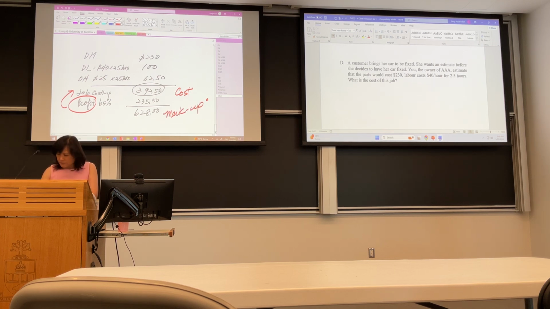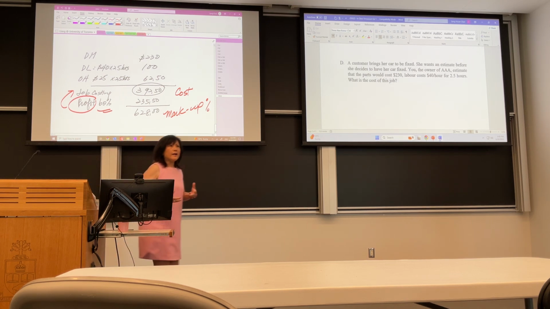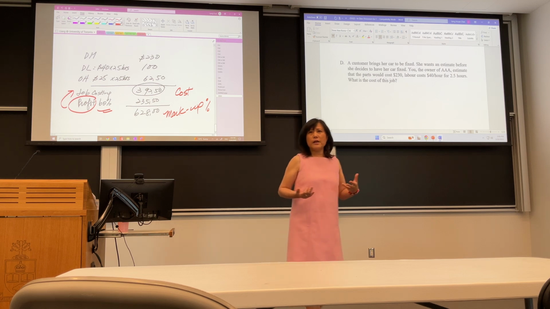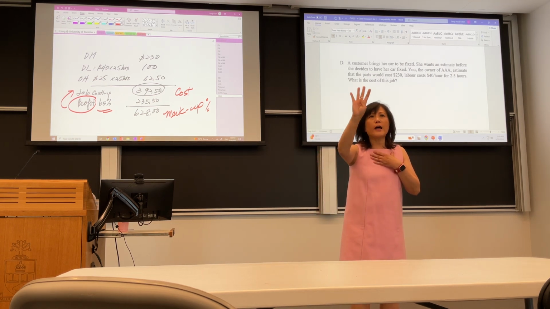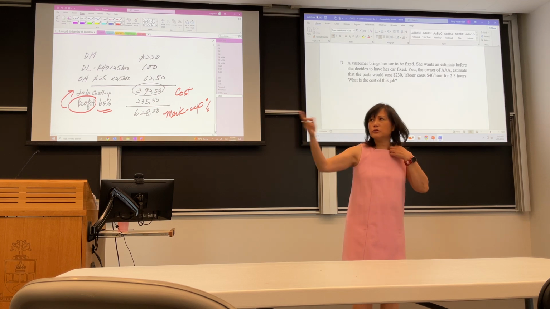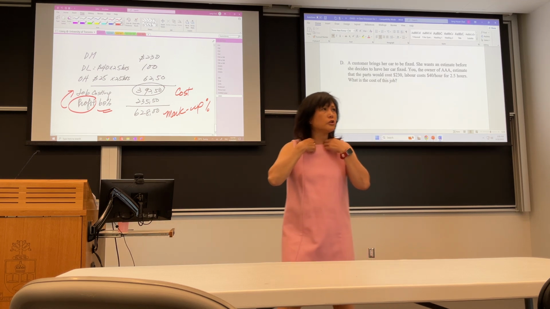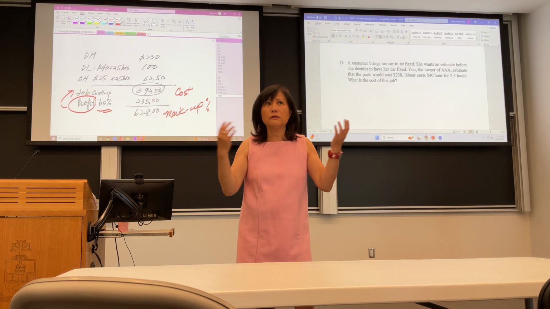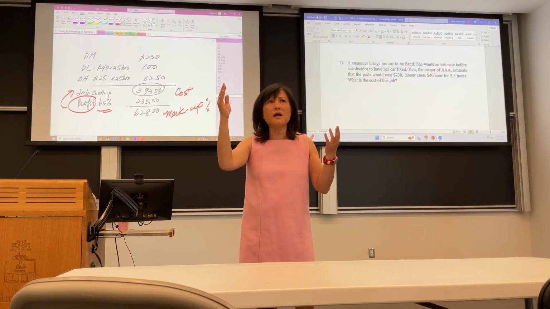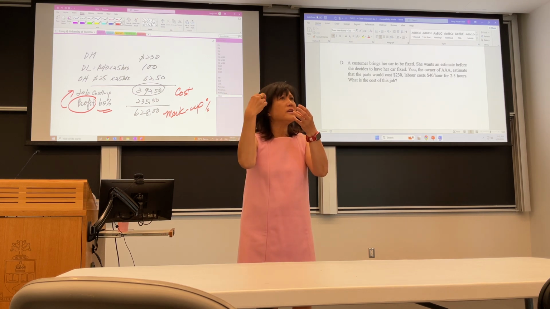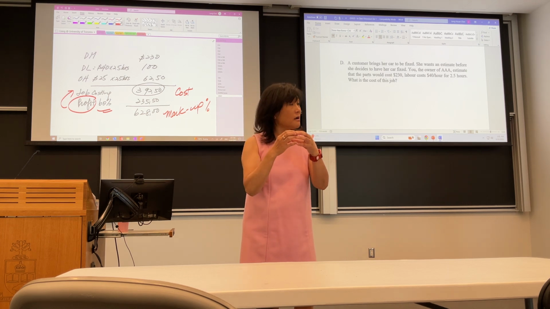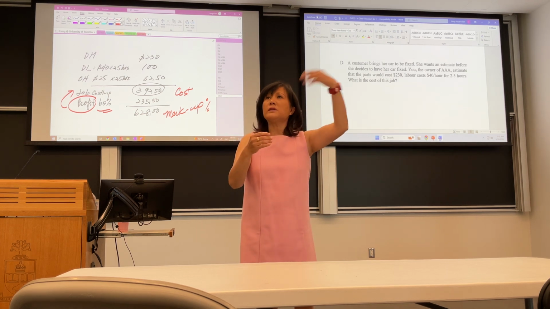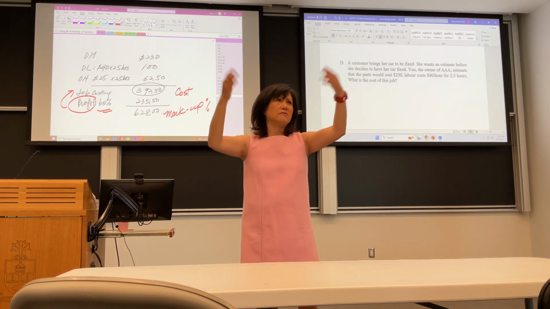Markup percentage, 60%. Retailers usually do it this way. You buy a t-shirt for $5, and they mark it up 4 times. So every time you go to a store, you see the t-shirt at $19.99. Why? They need to pay all the expenses and everything else, so they mark it up based on the cost.